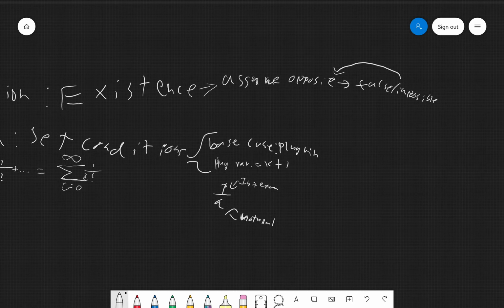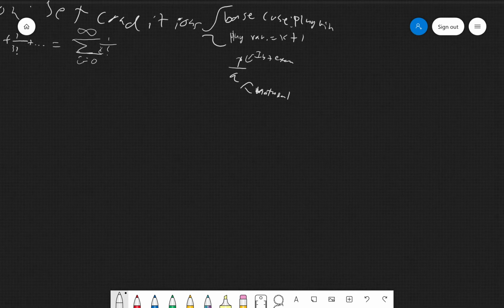So we're assuming the opposite. We know that it's irrational, so we're going to assume that it's rational, and then prove that if it was rational, there would be some crazy statement. For example, a simple one: I know that 0 is not equal to 1, but I'm some crazy man with this statement that 1 is equal to 2. I say, prove me wrong, and you tell me, no, 1 is not equal to 2.